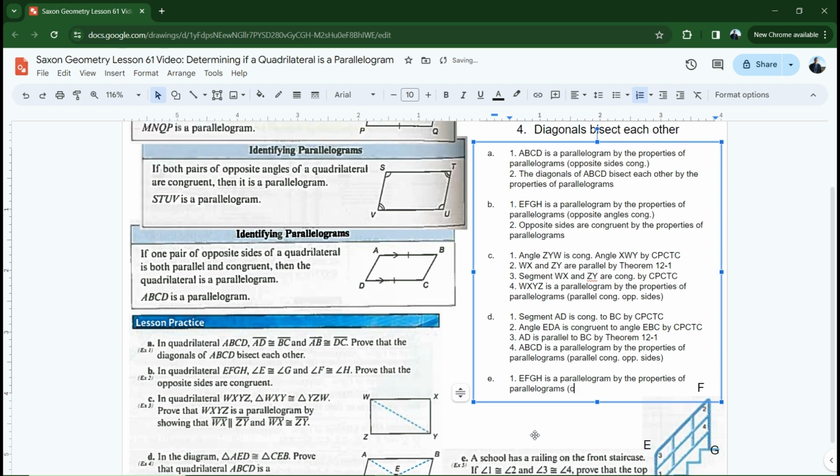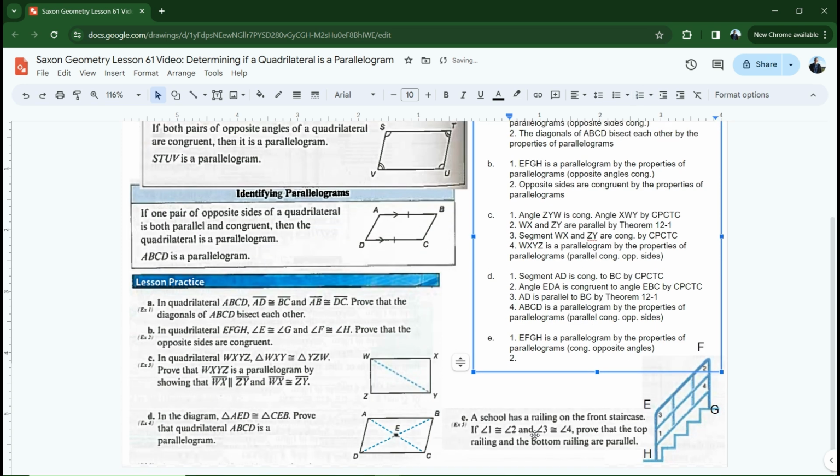This is congruent opposite angles, okay? And then how do I state that the top and bottom rails are parallel? EF is parallel to GH. How would I do that? By the definition of a parallelogram. Because I know by the definition of parallelogram, they have to have parallel opposite sides.